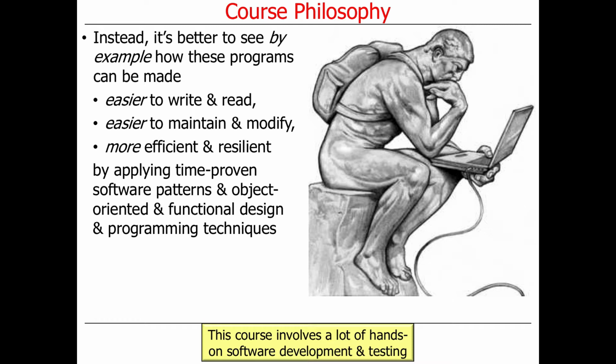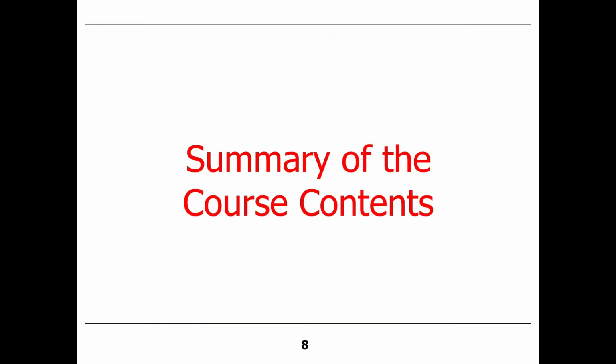And underlying all the discussions we'll be making will be time-honored patterns, which are ways of trying to design software so you can leverage the good insights of other people over time. We'll also be talking about object-oriented techniques, functional programming techniques, and design techniques that you can use to build more effective parallel programs. And there'll be lots of hands-on development. There'll be many programming assignments, and I'll talk more in a second about how they work.